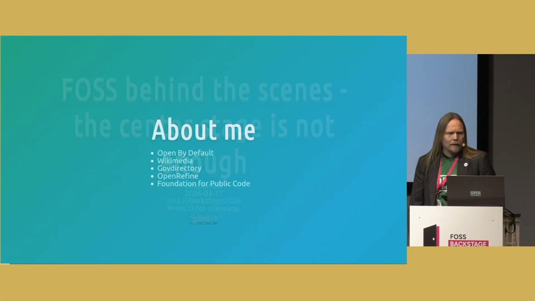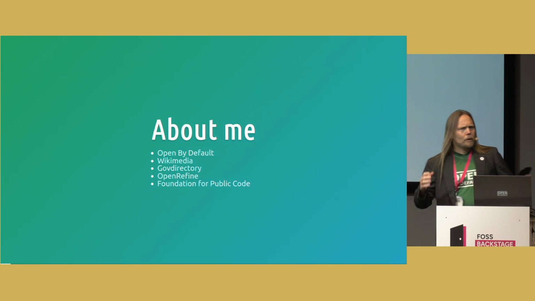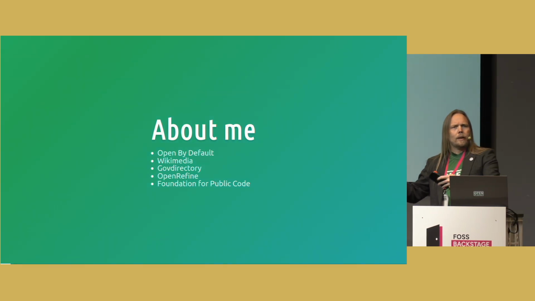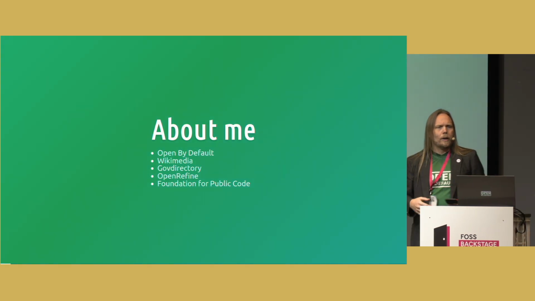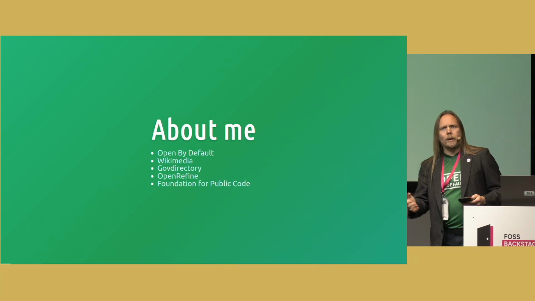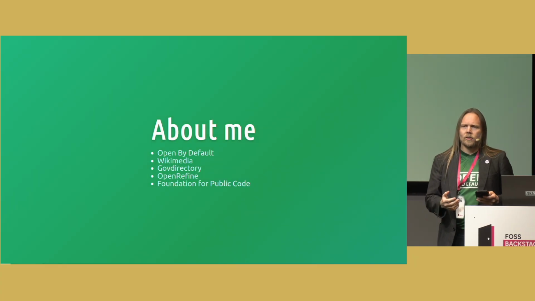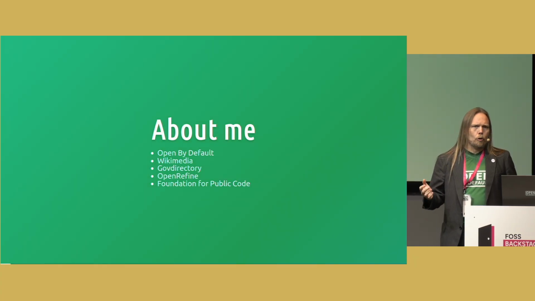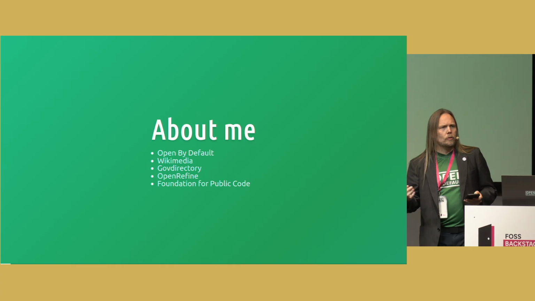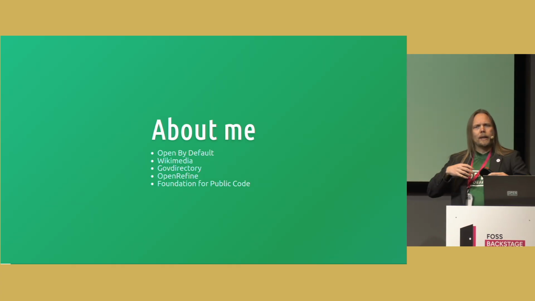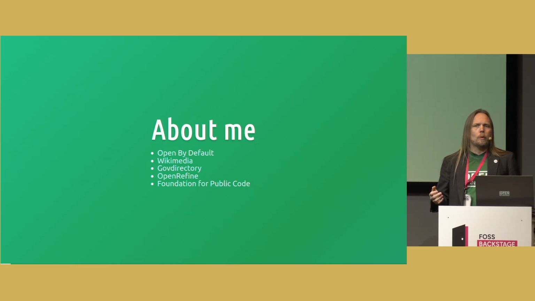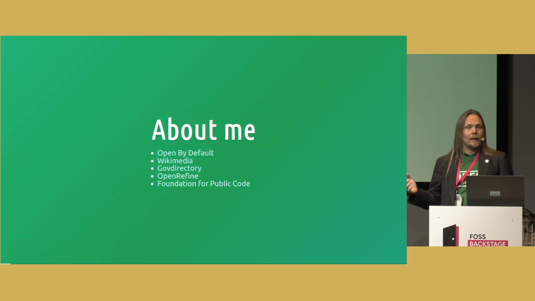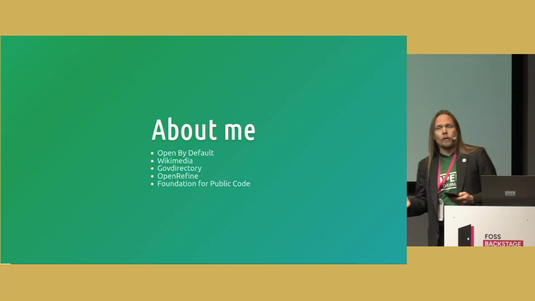So a little bit about me, but rather how did I arrive at this? Today I'm running a consultancy called Open by Default, where I help organizations become more open with open knowledge, open source, open license and source. But I came into the open movement through Wikimedia as a regular Wikipedia editor.